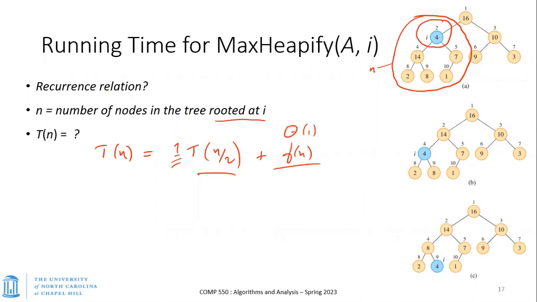Now, in 550, we're going to be really picky, and we're going to say, well, this looks about right, but is it really T of n upon 2? Is it really T of n upon 2? So let's say you wanted to delete this guy, and is this subtree equal to this subtree?